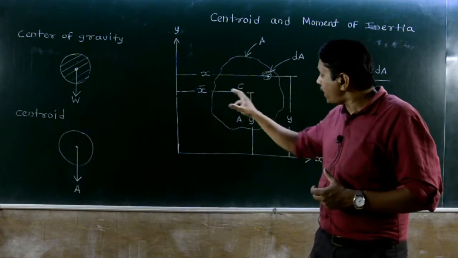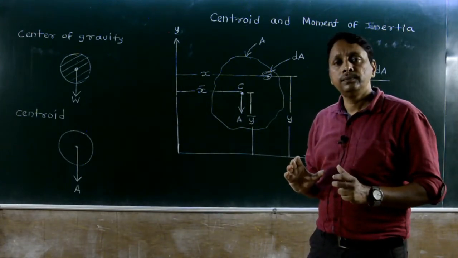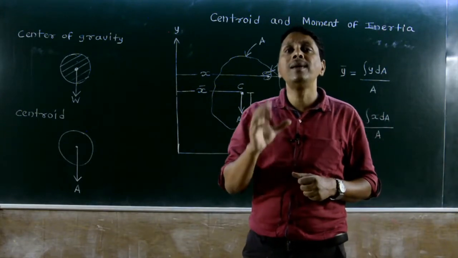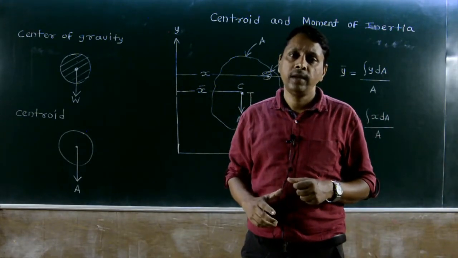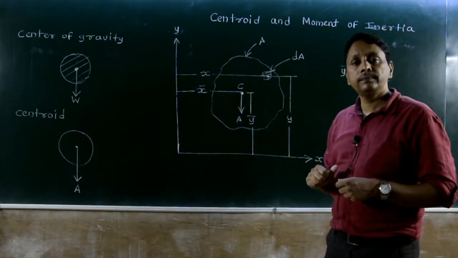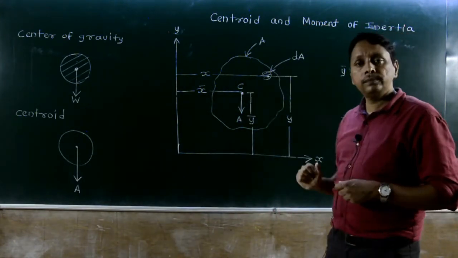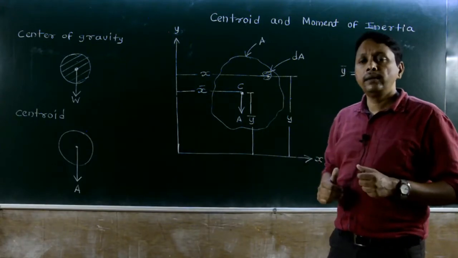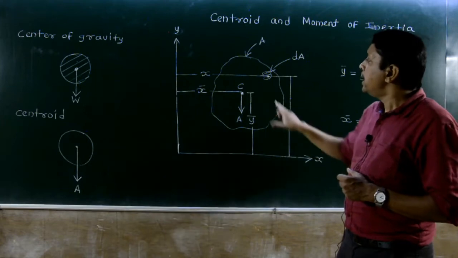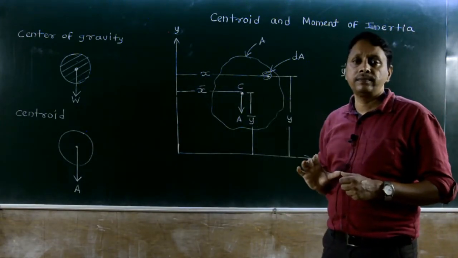So for that we require a formula. For every derivation we are going to consider one element. Element means a very small figure. So dA is an element, whose centroid is here at distance y from the x axis and x from the y axis.